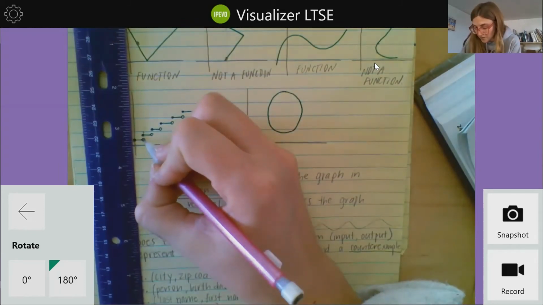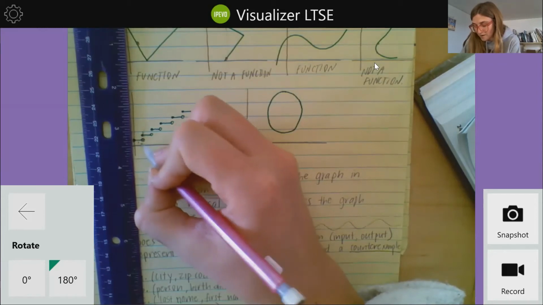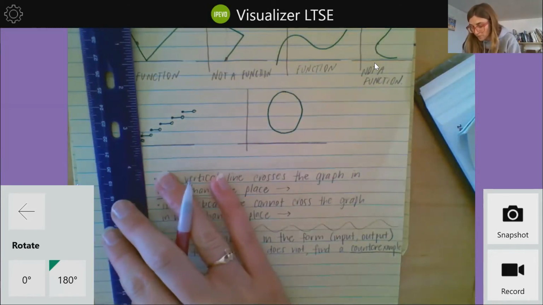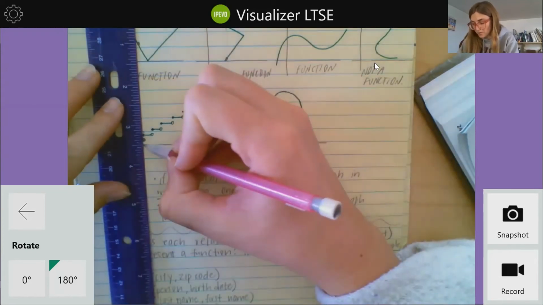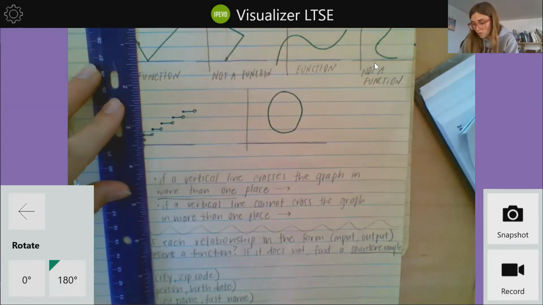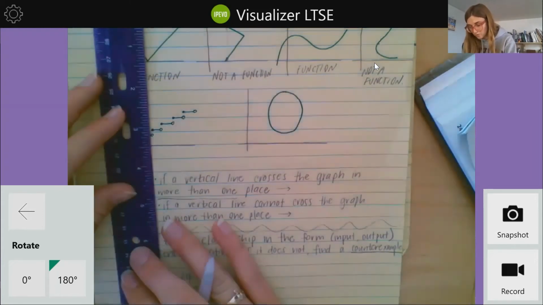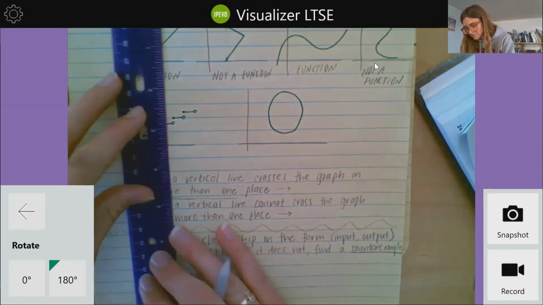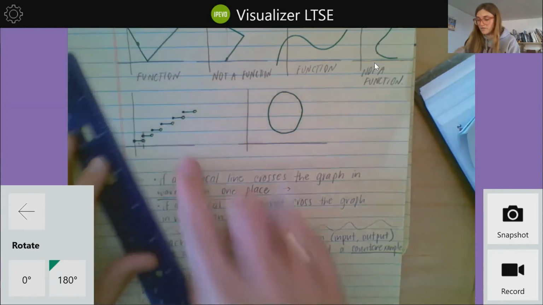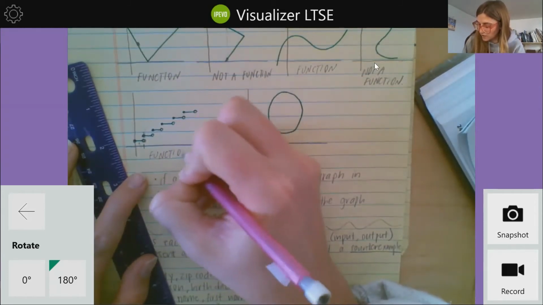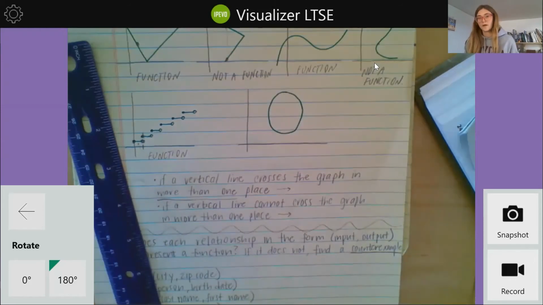But down here on the right side of this part, we don't include that piece. Therefore, right here at this value, we're only hitting the graph up here. And same for every other place. Therefore, this is a function. Okay?